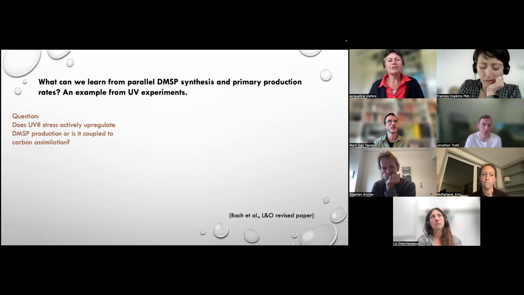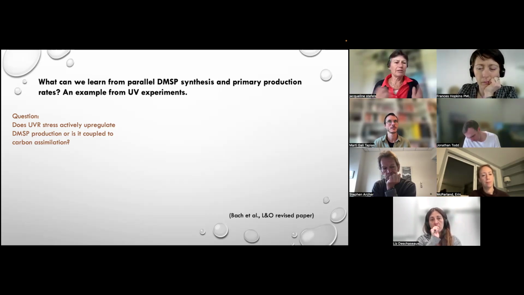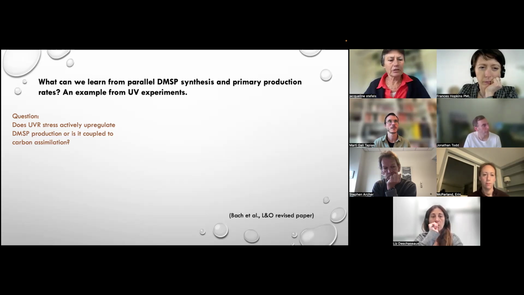One of the questions is: is it actively upregulated under variable environmental stressors, or is it simply coupled to carbon assimilation? We took this question into experiments to look at UV stress. We all know that UV stress gives a lot of photooxidative stress.